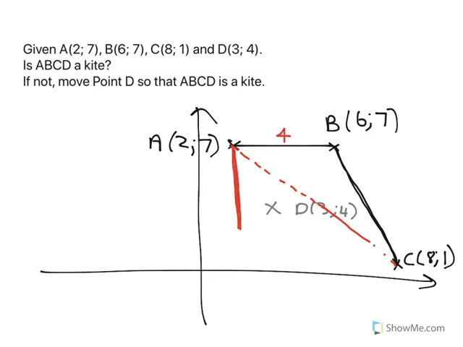So this is 4 units long, right? To go from here to here is 4 units. So you'd want to go down 4 units, and that would give you your coordinates for D. Right, so that's 4 units down from 2, 7, so that would be 2 and 3. Right, and then you could connect these two.